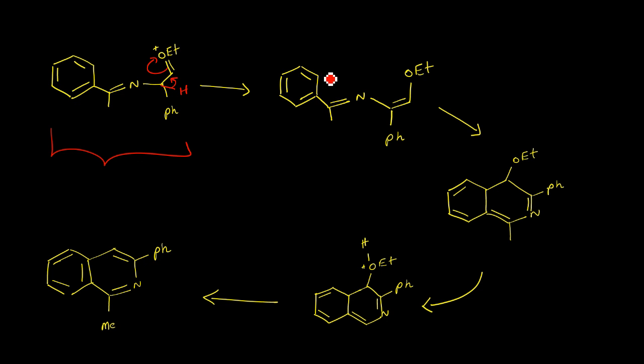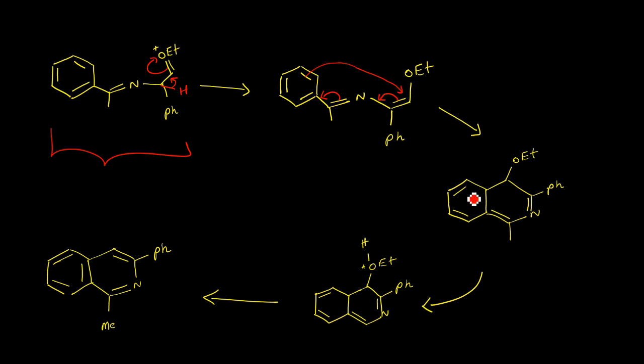Now the cyclization happens. So this bond over here will come and attack this carbon, right? When that happens, this lone pair over here will move towards this position, right? When this double bond moves towards this position, this nitrogen is getting destabilized, so this bond has to move towards here.